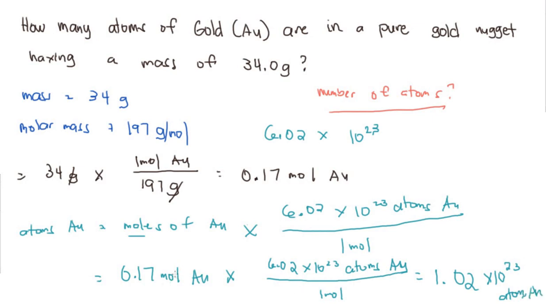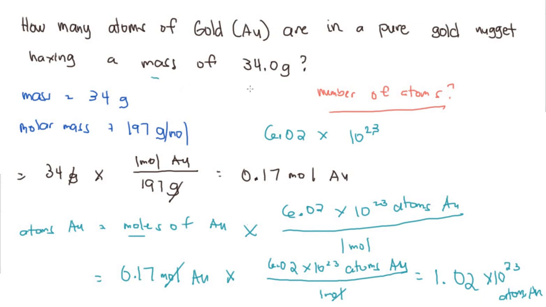The unit of mole is cancelled during the calculations, so you have the atoms. That's how you solve the number of atoms or the number of representative particles if the given is in mass.